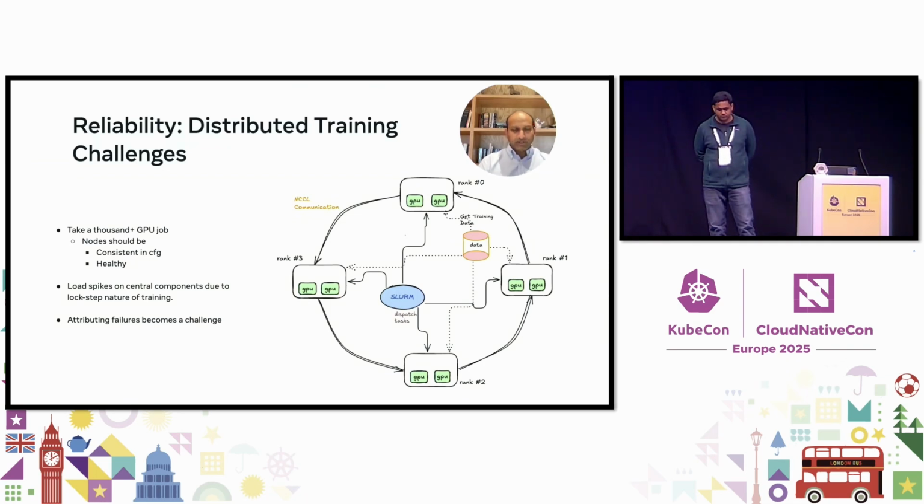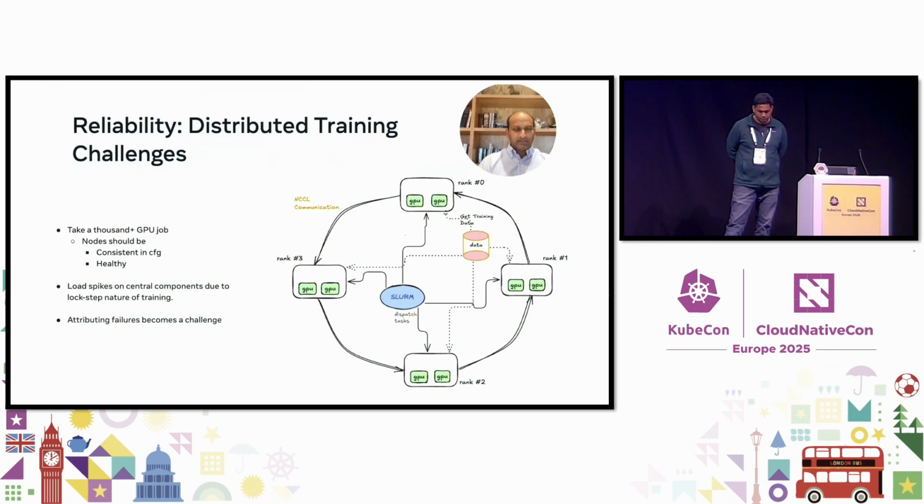When the job decides to take a checkpoint, there's going to be massive load on the storage servers when the checkpoint is written, right? And then right after the checkpoint is written, you will have near zero activity on the file system. And then back again when it comes to the next checkpoint. There are multiple examples of this load spike nature. So it's very important to design the cluster in a way that can handle these load spikes.